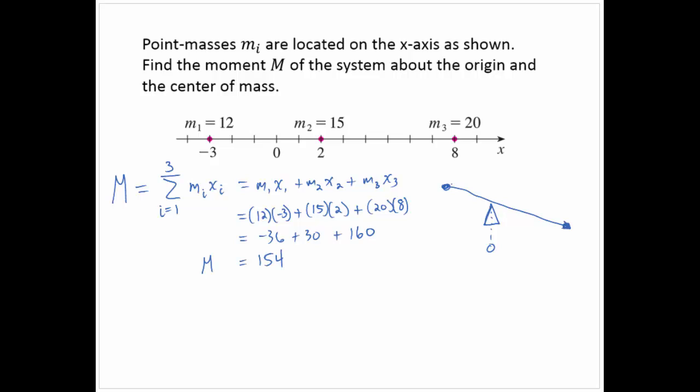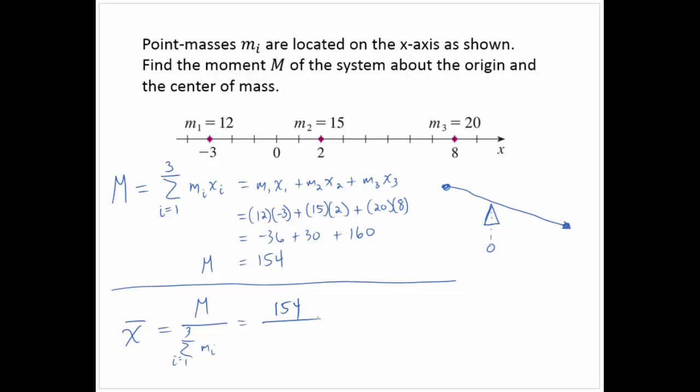If the moment is 154, then the center of mass, x bar, is the moment divided by the sum of the individual masses from 1 to 3. So x bar would be the moment, 154, divided by the sum of the masses.